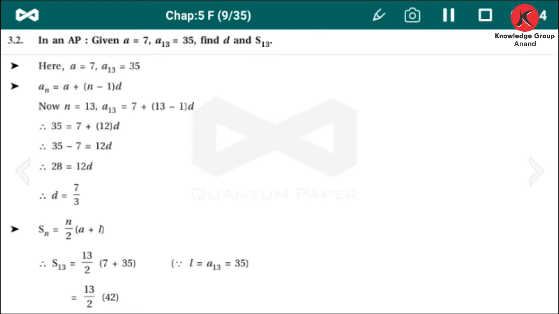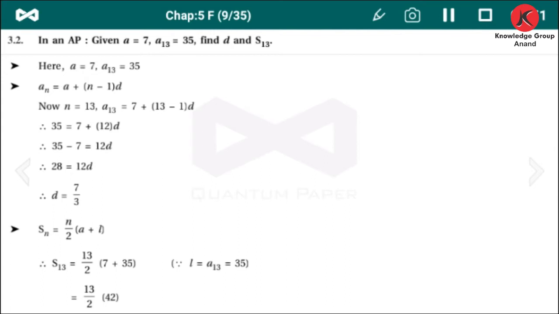Using the formula an = a + (n - 1) d, with n = 13, a13 = 7 + (13 - 1) d. Putting the value, 35 = 7 + 12d. 35 - 7 = 12d, 28 = 12d.